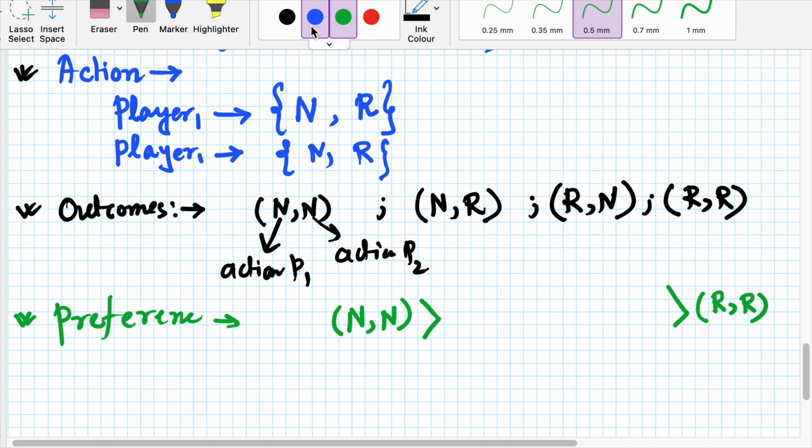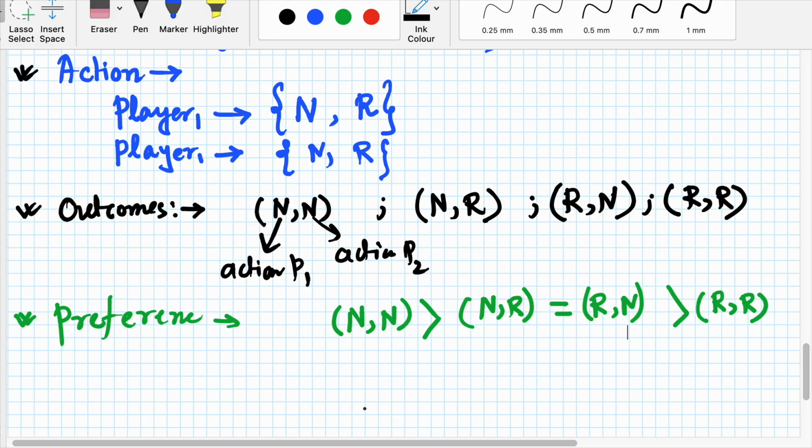And we are assuming that both of these outcomes, nr and rn, are equally preferred, so we will write it as indifferent, and obviously they are the intermediate ones. So these are the preference relations. Now can we associate utility with this preference?